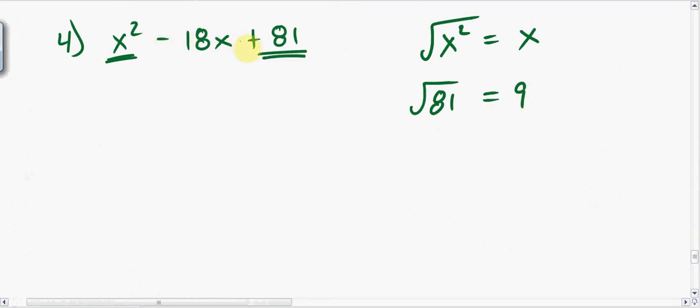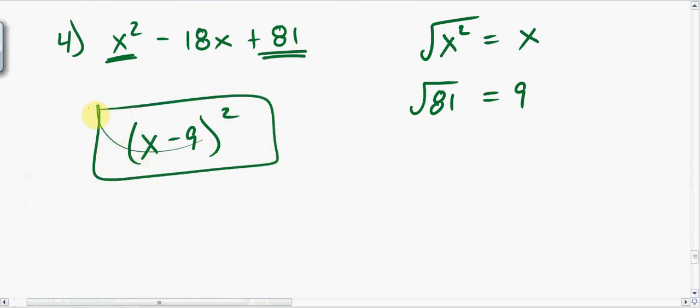Since I have a minus and a plus, I know I can factor it into x minus 9 squared. And again, if you FOILed, you'd get x squared minus 18x plus 81 as your solution. So you'd end up with the same problem you started with, so you know you have the correct answer. So that is section 4.3.